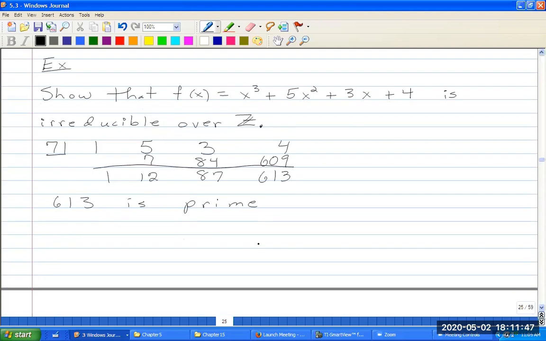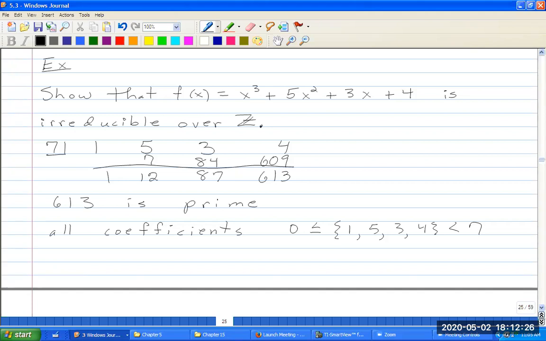Every coefficient satisfies the condition. The coefficients 1, 5, 3, and 4 are all less than 7, meaning there are 4 inequalities there, and all the coefficients are integer valued.